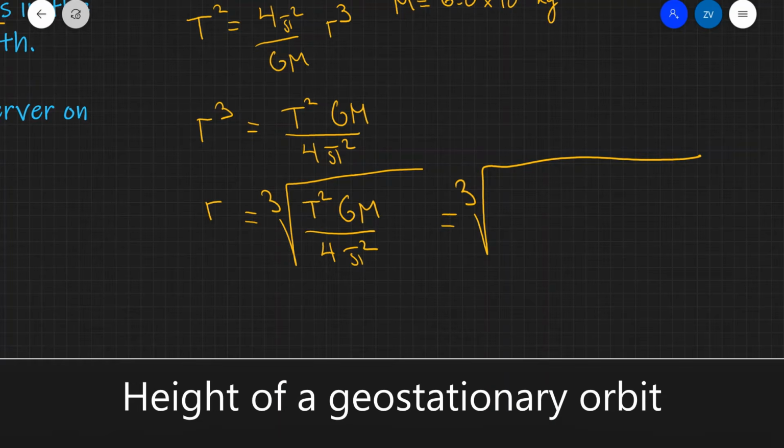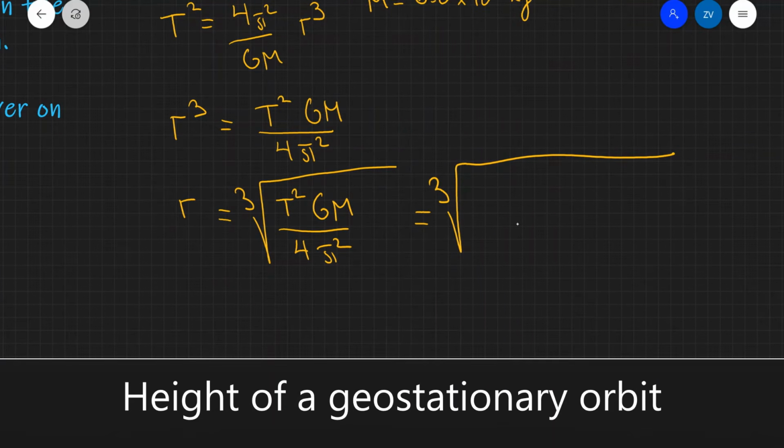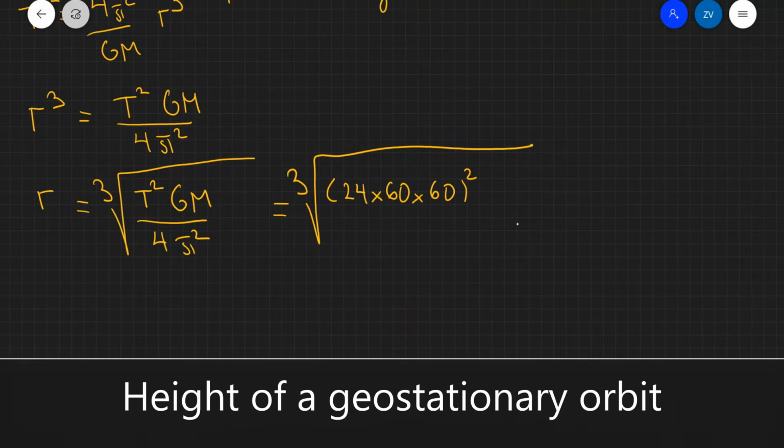Okay, well, let's plug in some numbers into this equation. So T squared, this will be 24 hours, so that's 24 hours, 60 minutes, 60 seconds each. Don't forget to square this, multiply by G, which is equal to 6.67 times 10 to the power of minus 11.